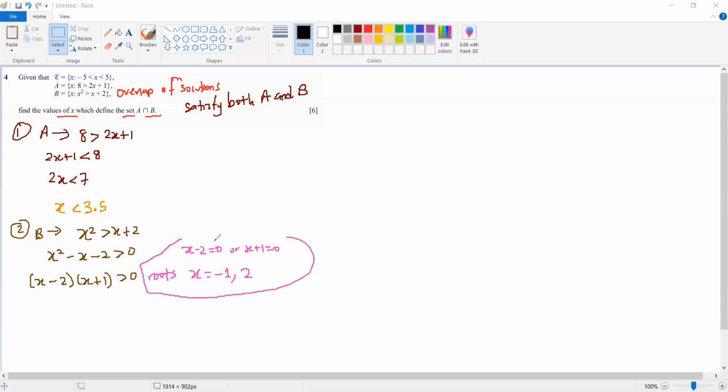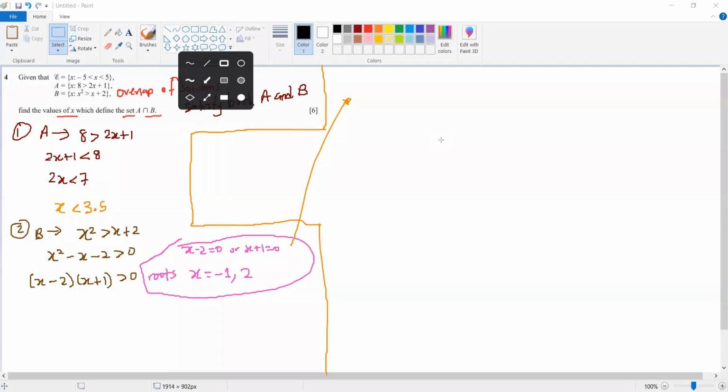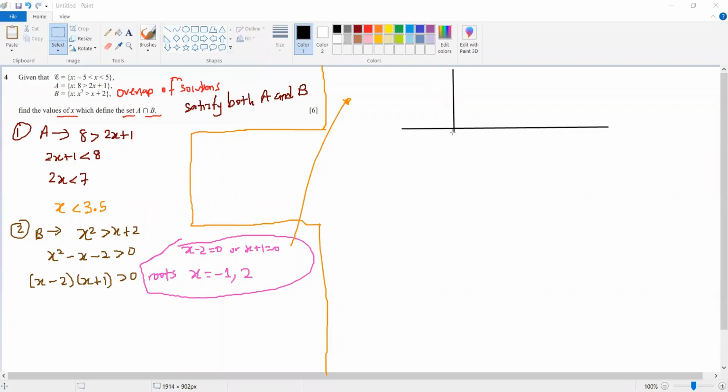Okay. Then what you need to do next, from these roots, is draw something called a number line. Kind of like a number line. Okay, let's do that, please. Let's label it nicely. So -1 is here. This is 2. What does this affect?